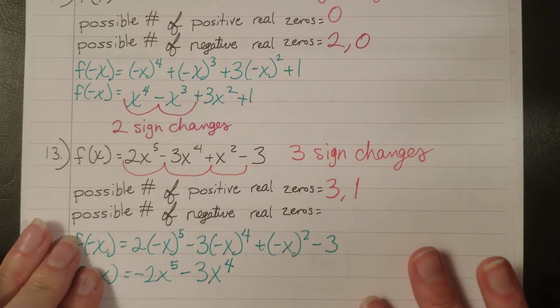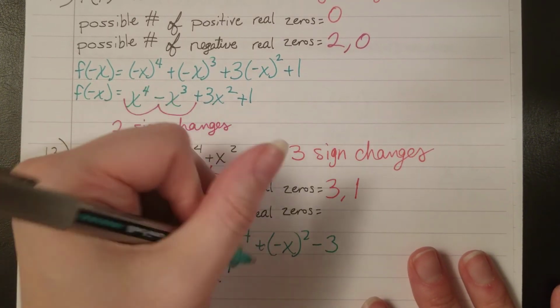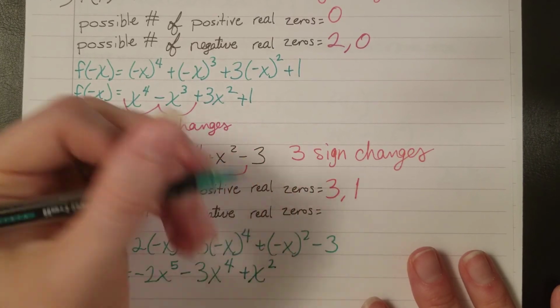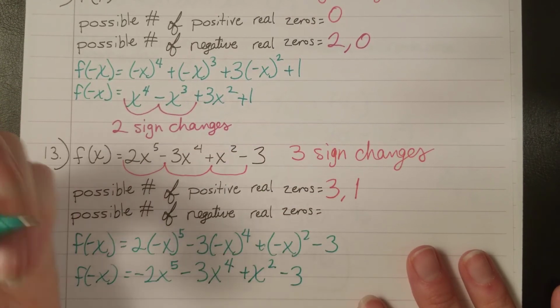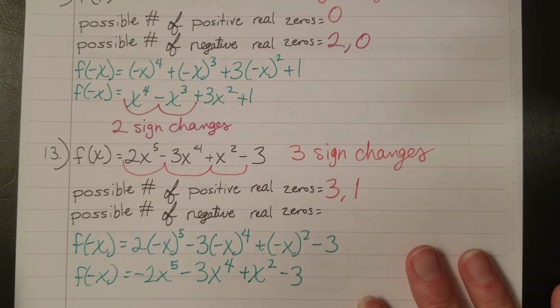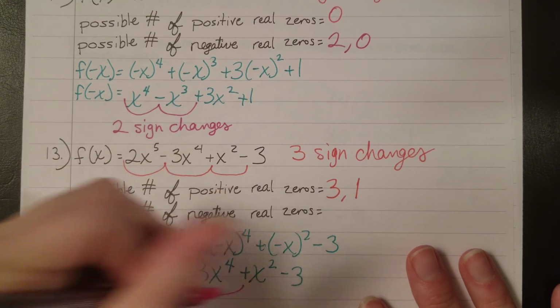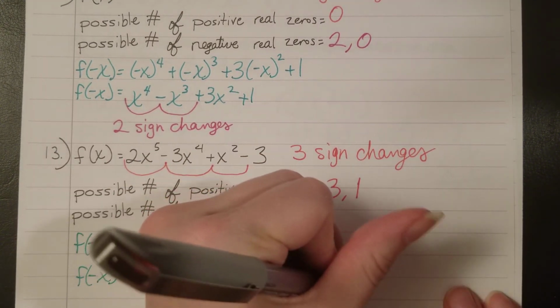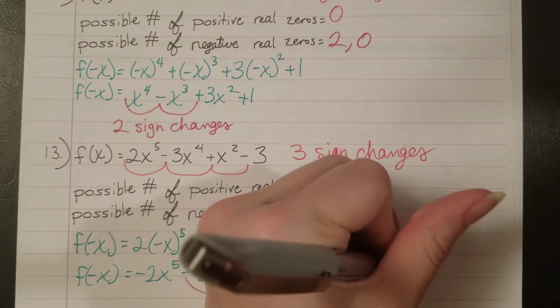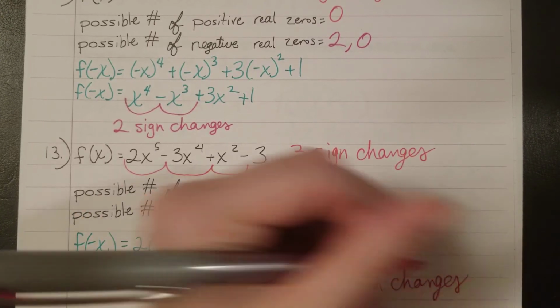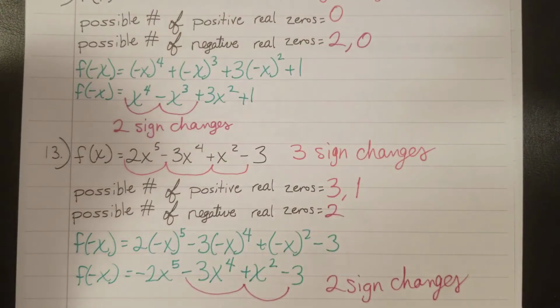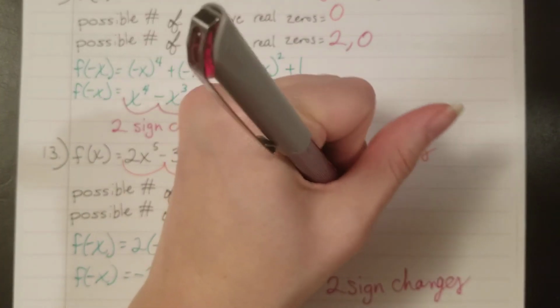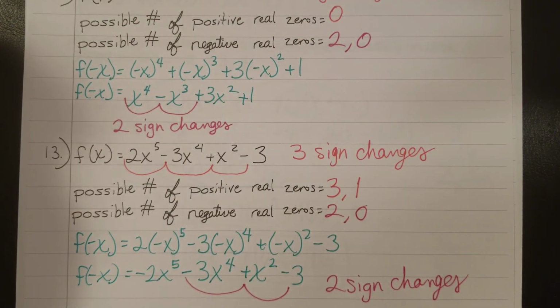So minus 3x to the 4th. That negative will cancel out, so that term will stay positive, and that stays the same. So then count the sign changes again. There's a change right there, and there's a change there. So that's 2 sign changes. So there might be 2 negative real zeros, or there might be 0 negative real zeros, okay?